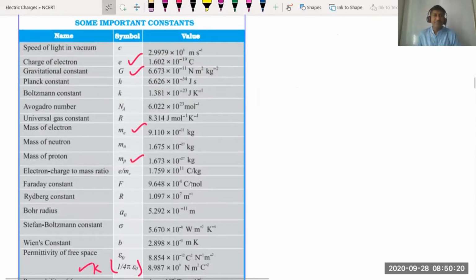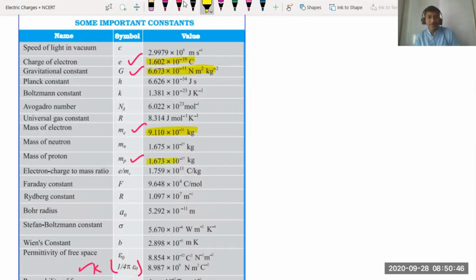The basic charge has the value 1.602 into 10 power minus 19. For our mathematical convenience, we will write 1.6 into 10 power minus 19 coulombs. Next, the universal gravitational constant, this is the value. And next, the mass of electron, observe this one, 9.1 into 10 power minus 31.